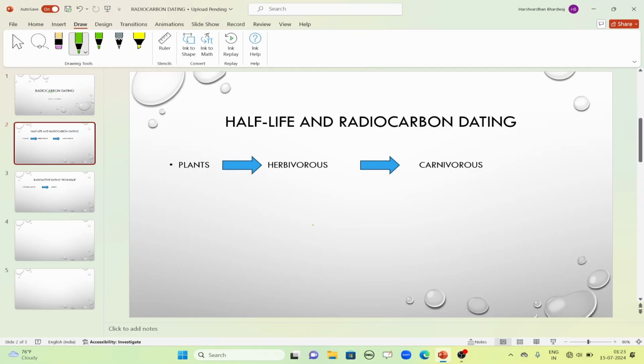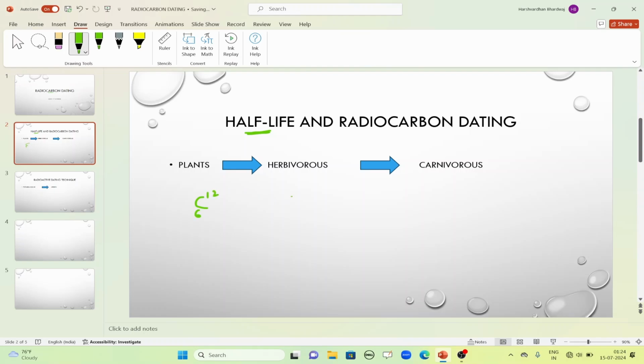So, half-life and radiocarbon dating. All radioactive substances have a half-life, depending on which element's isotope it is. For example, take the isotope of carbon with atomic number 6 and mass number 12.